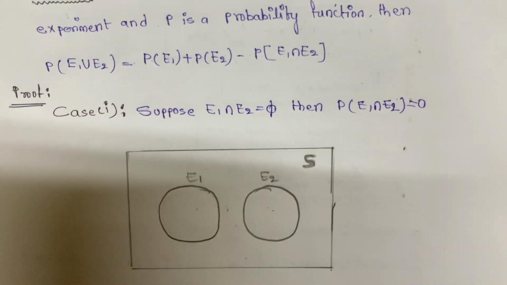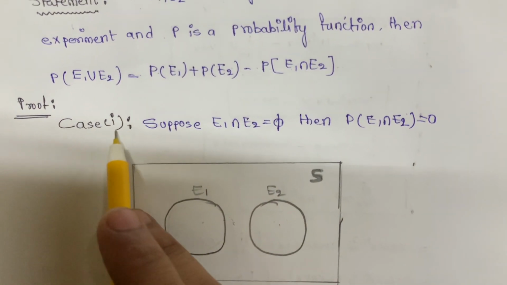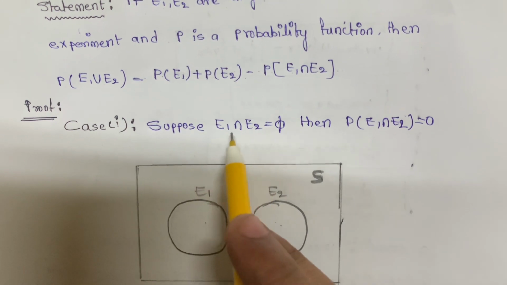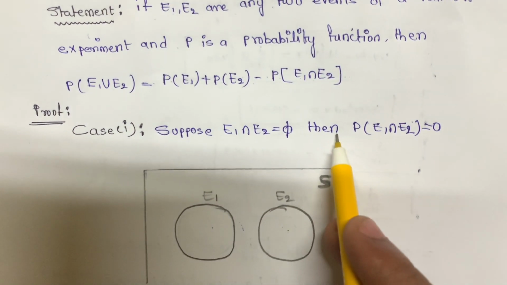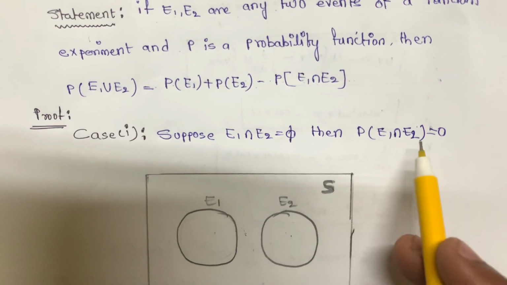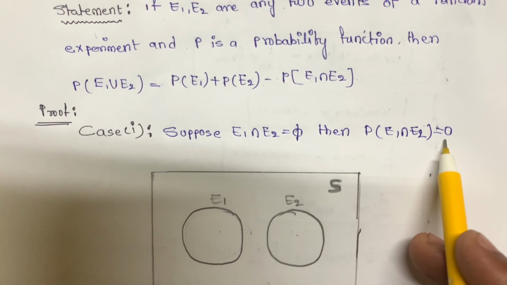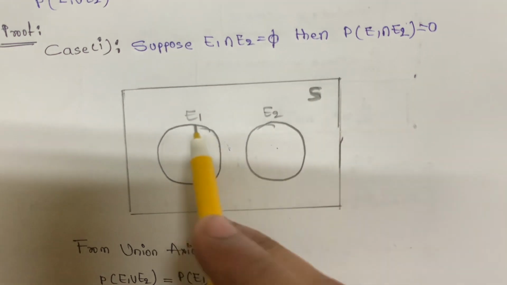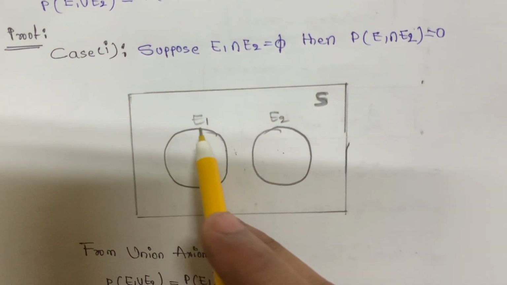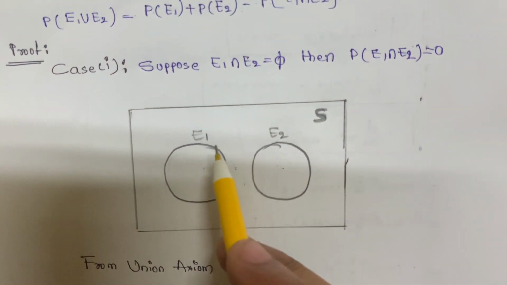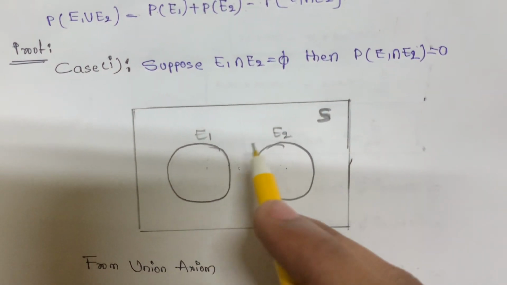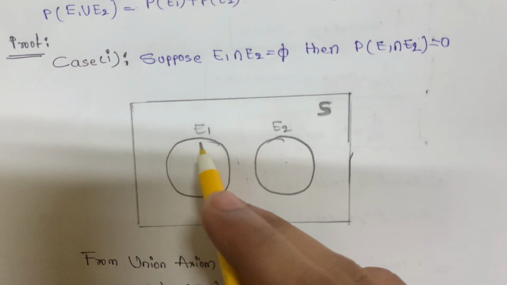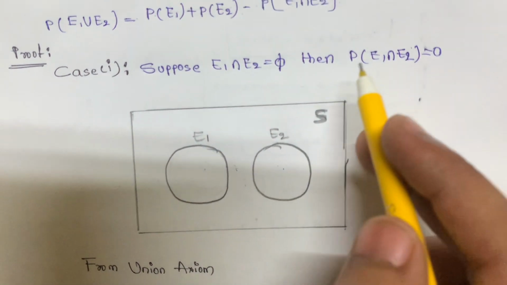In this we have two cases. Now case 1. Suppose E1 intersection E2 equal to phi, then probability of E1 intersection E2 equal to 0. In a sample space we have two events, event 1, event 2, in which intersection value is phi, means we don't have any common values between event 1 and event 2.